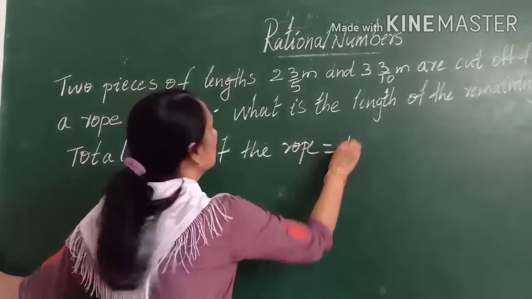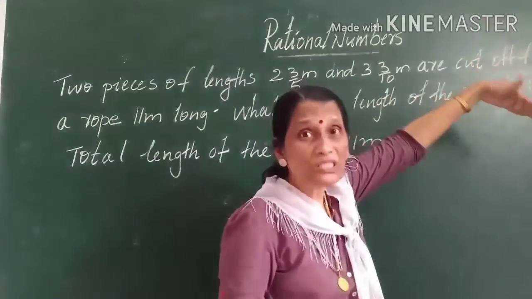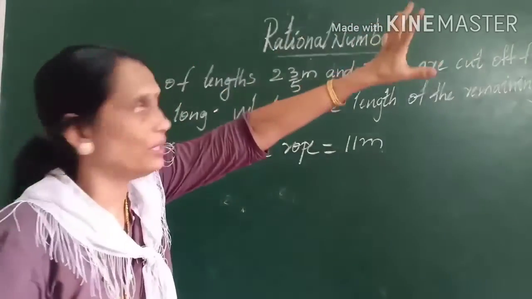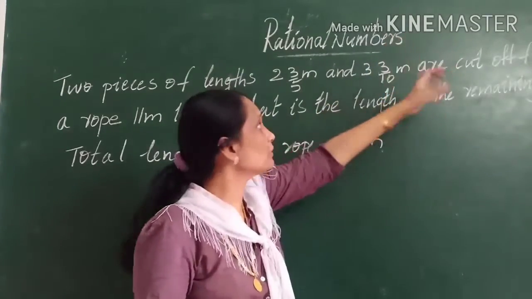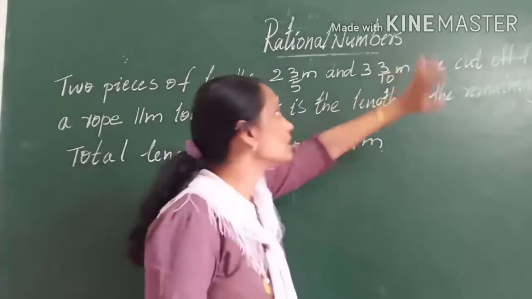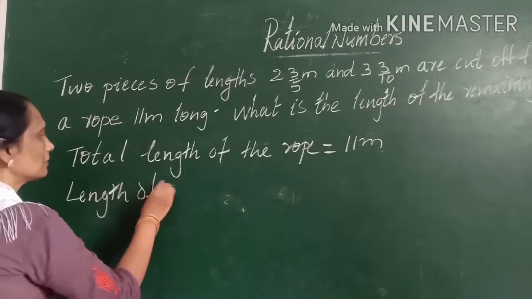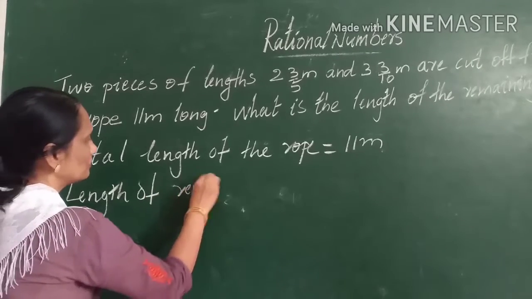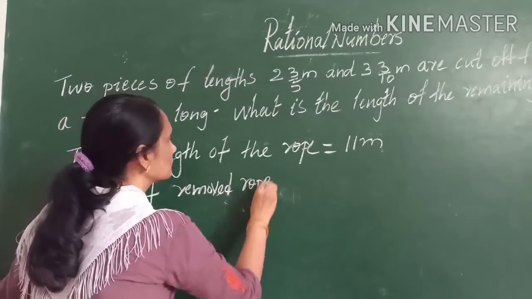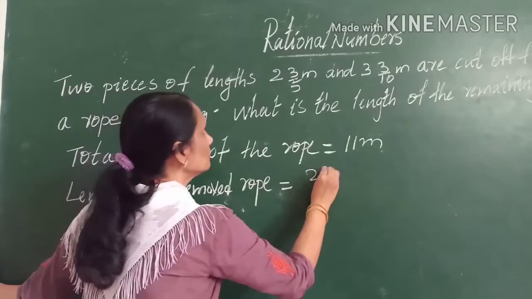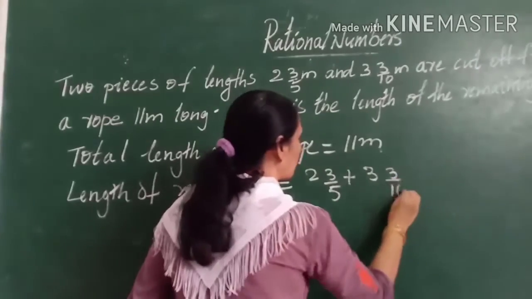is equal to 11 meter. Now we have to find how much is cut off or removed. Total length removed means first this much removed, then this much removed. So the length of the removed or cut off rope is equal to 2 3 by 5 plus 3 3 by 10.